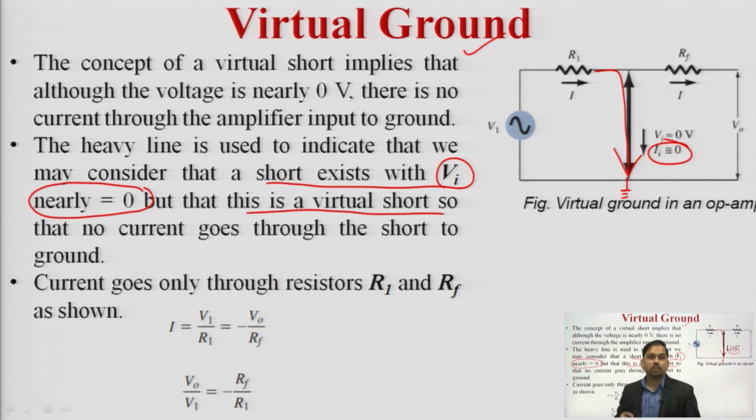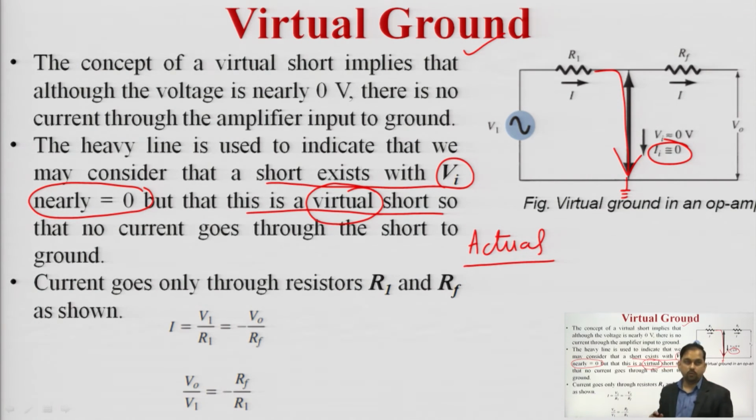That is not actual 0, one is actual 0, one is virtual, right? One is actual short or actual ground, one is virtual ground. So it seems that it is grounded, so it is a virtual short. So there is no current that goes through the short to the ground.